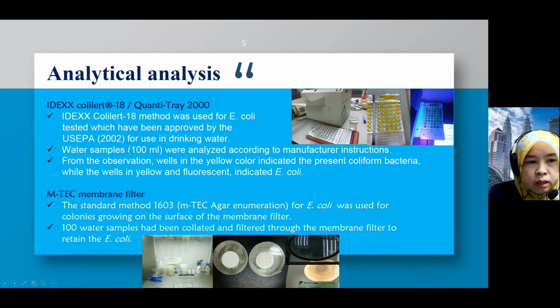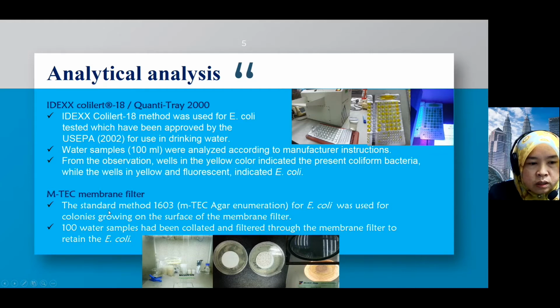For the water sample, about 100 ml was analysed according to manufacturer instruction. From the observation, a well in yellow color indicates the presence of coliform bacteria, while a well in yellow and fluorescent indicates E. coli.